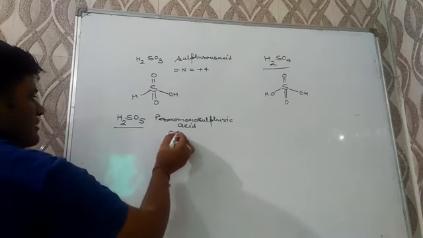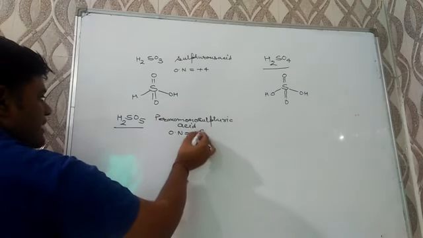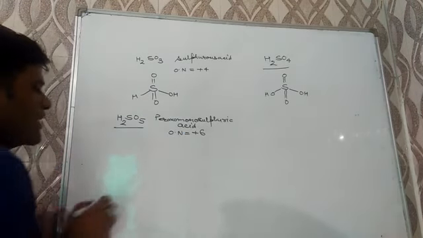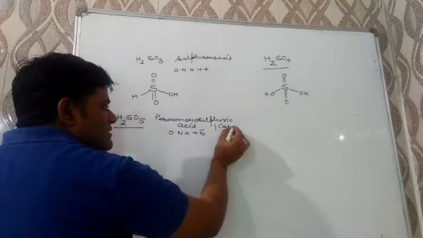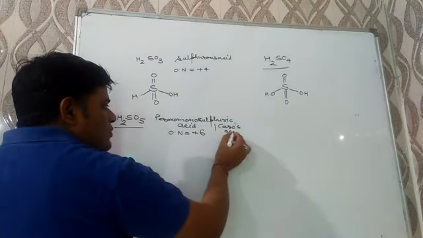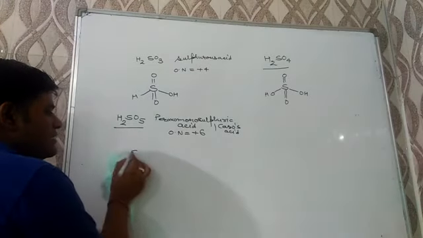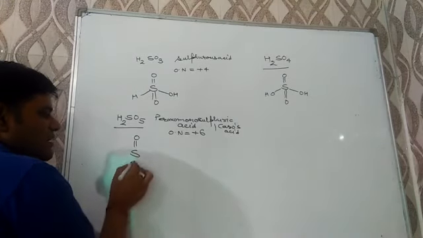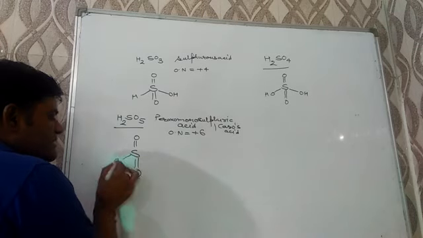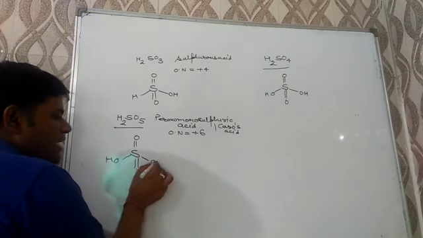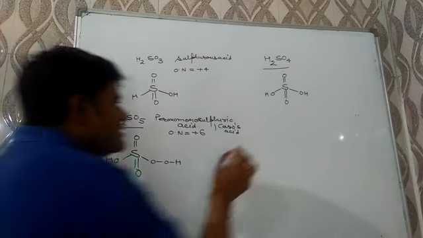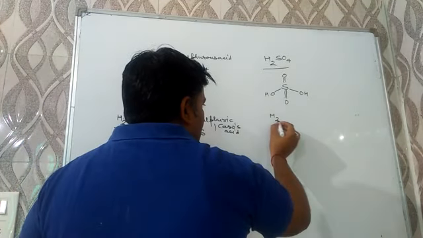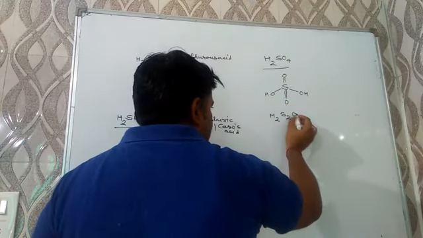Oxidation number +6 instead of +8 due to the peroxide bond. It is also known as Caro's acid. Its basicity is 2. Next is H2S2O3.